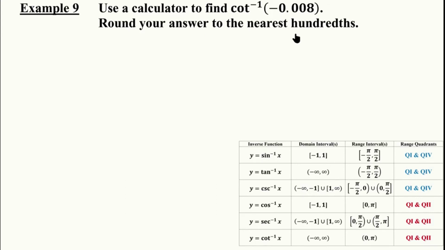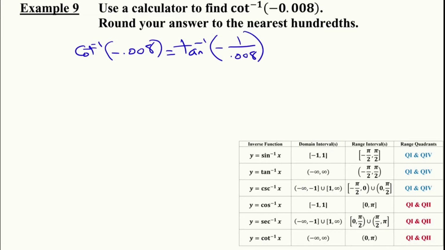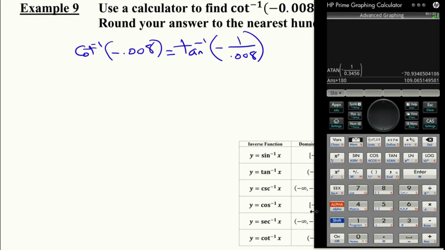So we're going to start out, of course, by saying inverse cotangent of negative 0.008 is going to be the same as the inverse tangent of negative 1 over 0.008.